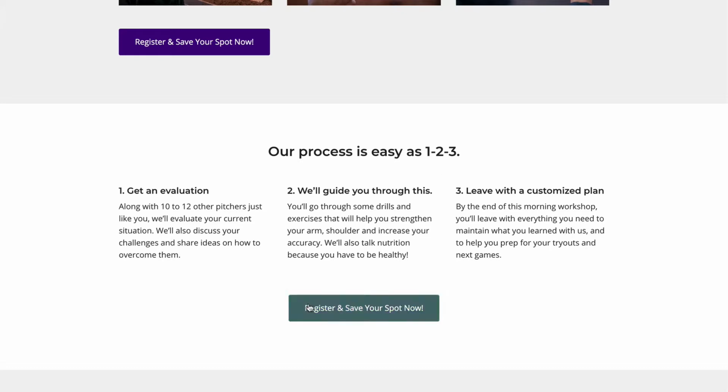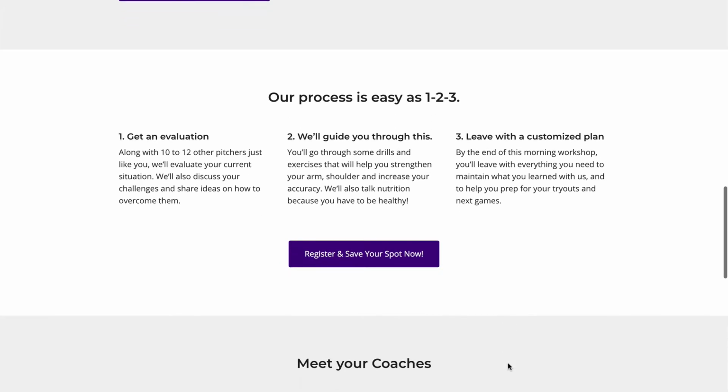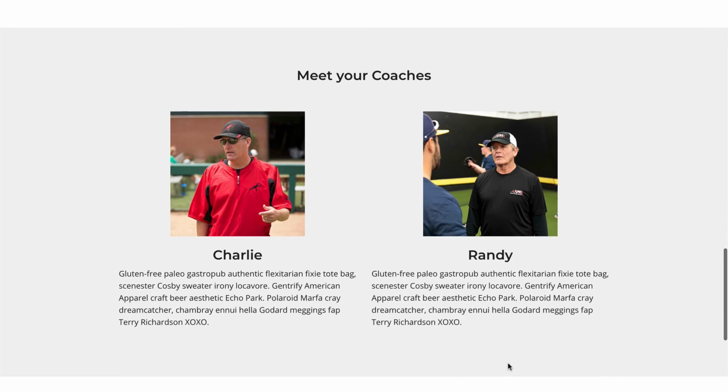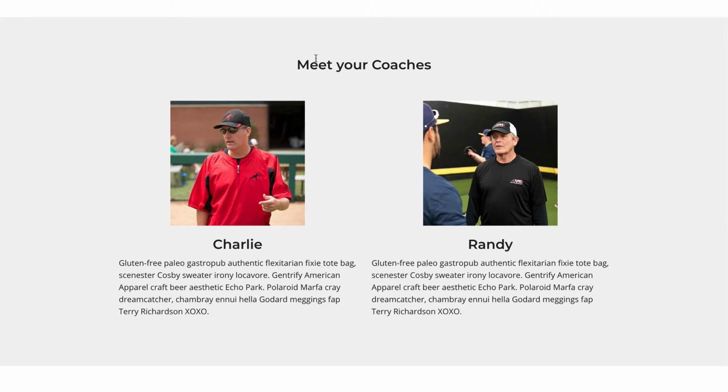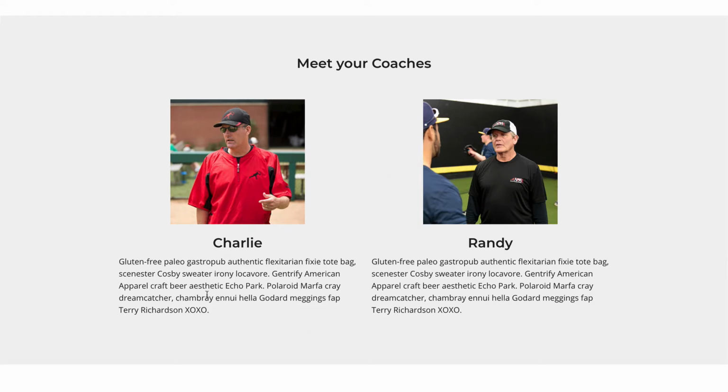And again, register and save your spot now, okay? You want to also add who you are, that you're the experts that are going to help your prospects achieve what they want to achieve. So you've got the coaches' pictures here with their names, with their bios. These are just dummy text paragraphs.